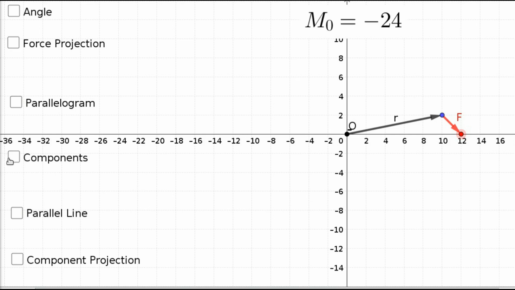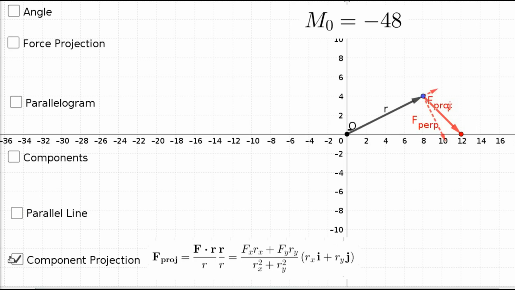Now, the more convenient way to calculate, okay, we can look at the component projection. If we look at our projections, we can calculate the projection vector without using the angle. We have the magnitude of the projection vector. And that's from this formula. We use a vector dot product.